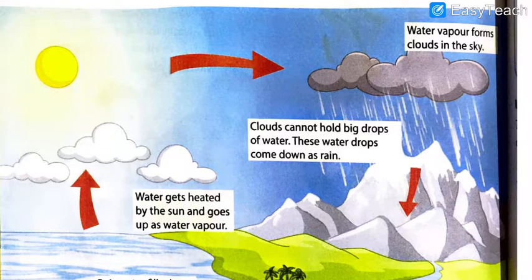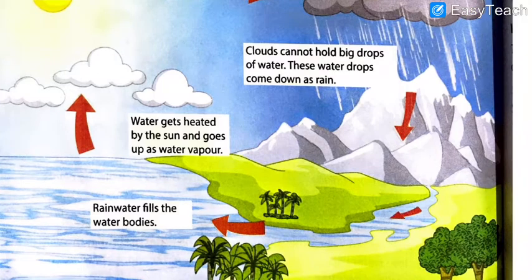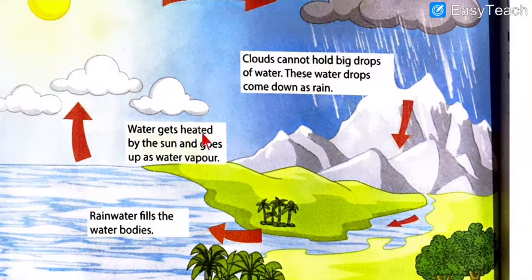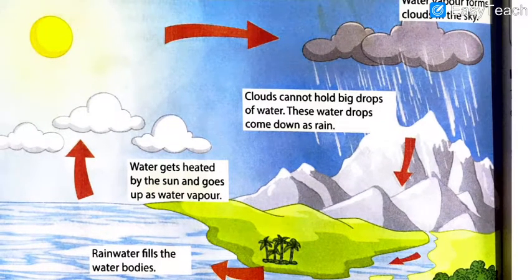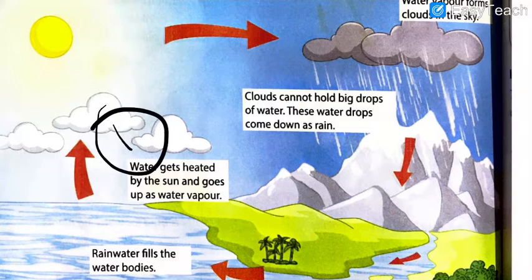In places that are very cold, the water drop freezes into ice and comes down as snow. So if the water is gathered, obviously it is going to come back to the earth, but in the cold places it turns into snow when it is up in the sky with the dust particles. So snowfall happens.